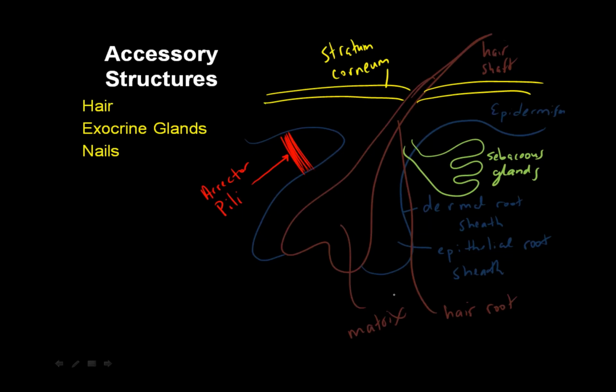And I guess one way to think about it is, why would we do that? When does it actually happen? Because we know that it happens to you. And so when does it happen? Well, one thing that can trigger the erector pili muscle contraction is temperature. So if it gets cold, cold temperatures stimulate the erector pili muscle, and it makes the hair follicle stand up.